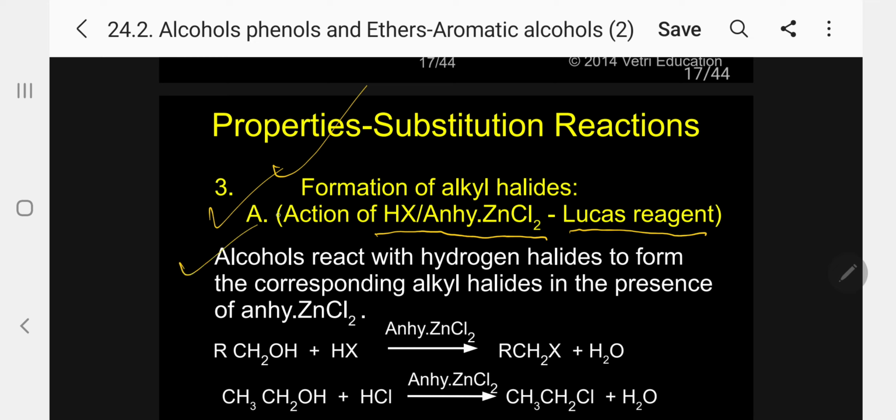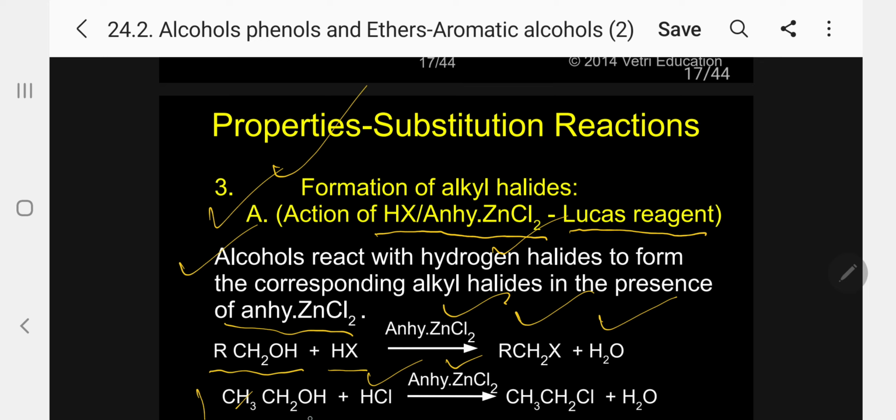So alcohols react with hydrogen halides, suitable halide, to form the corresponding alkyl halides in the presence of anhydrous zinc chloride. A general method: RCH2OH with HX, anhydrous zinc chloride, giving RCH2X and water. Specific example, ethyl alcohol, I am treating with HCl in presence of anhydrous zinc chloride.